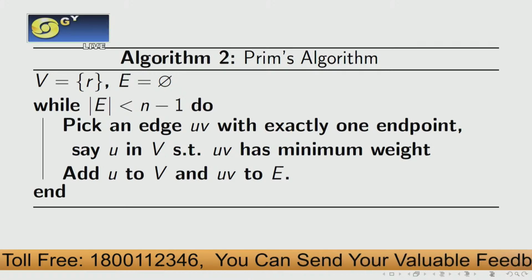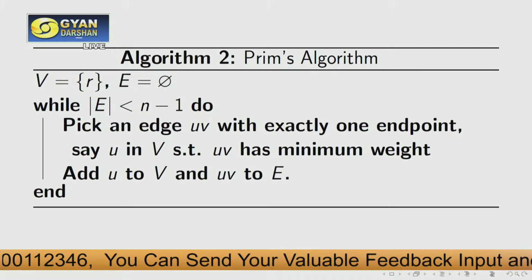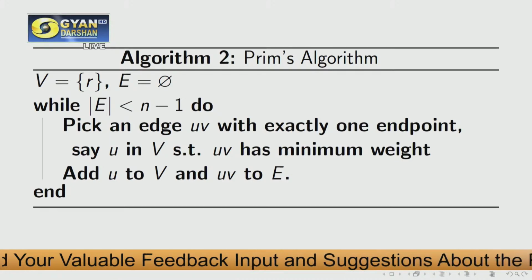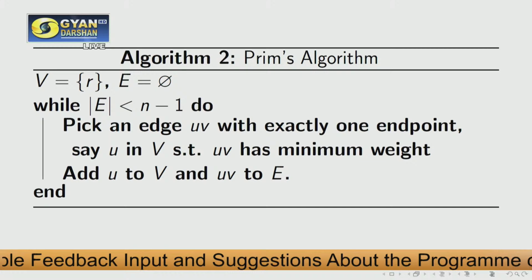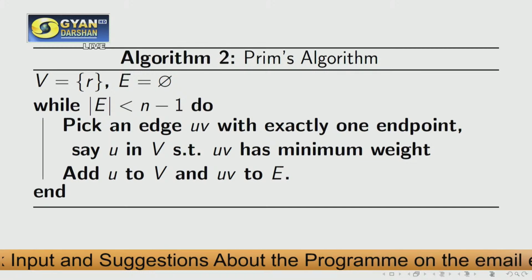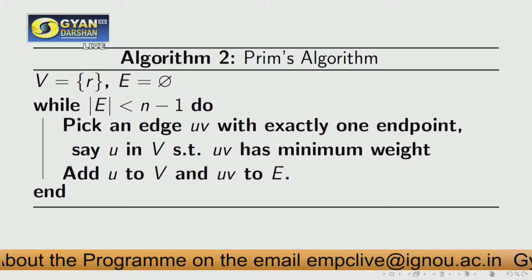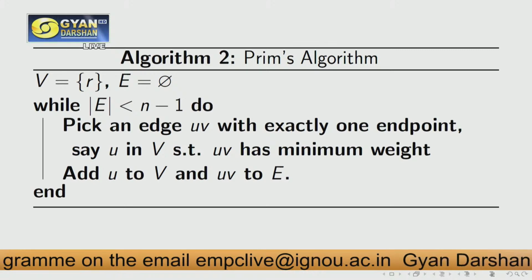E collects the edges of the spanning tree being constructed, and V is the set of vertices of the spanning tree. Initially R is just one vertex which could be chosen arbitrarily. There is no restriction on how R is chosen. We can start with any vertex.